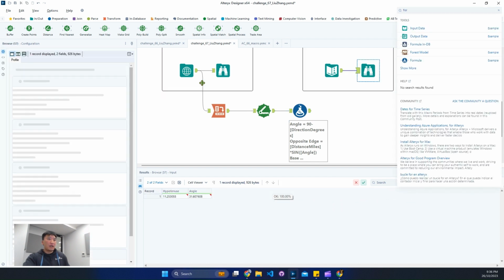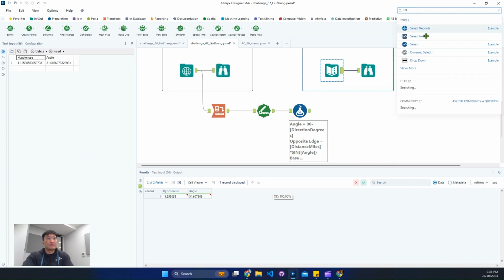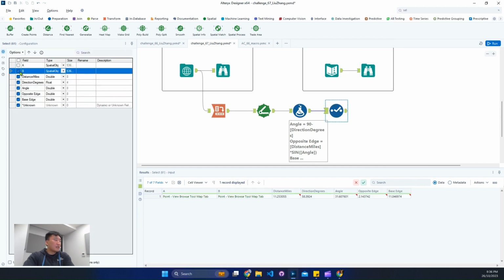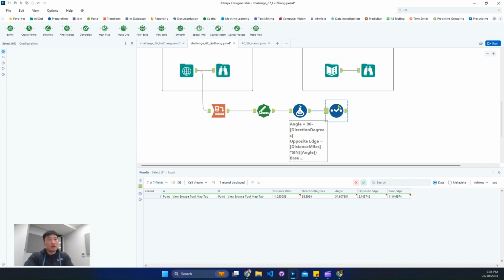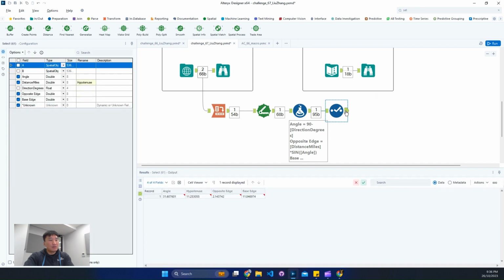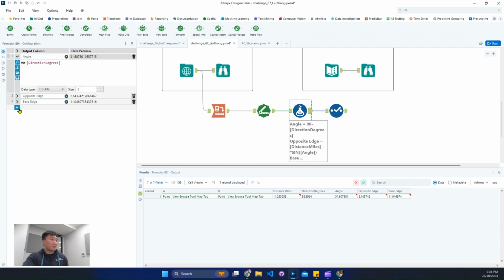I cannot spell hypotenuse, so I'm going to copy it. We don't care about that. The distance is basically the hypotenuse, and for the degree angles we converted it, so angle is the one we want. Then you have three edges. We may as well complete the whole math. Since we're here with a right angle triangle, one more step: Pythagoras.